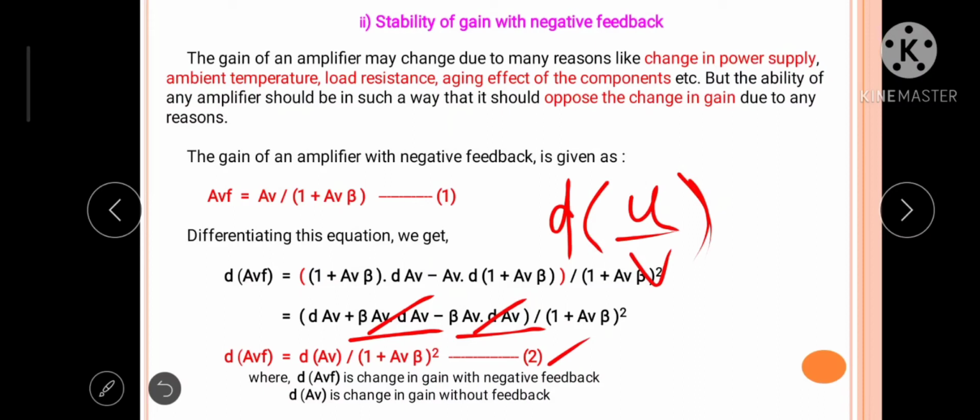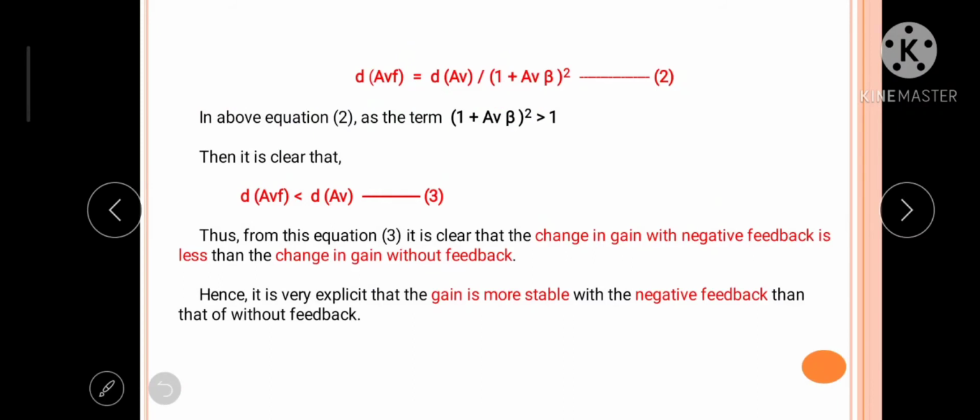Now in this equation, the term derivative of AVF is nothing but the change in gain with negative feedback, and the second term, derivative of AV, is nothing but the change in gain without feedback. For your kind reference, we have taken the same equation here.